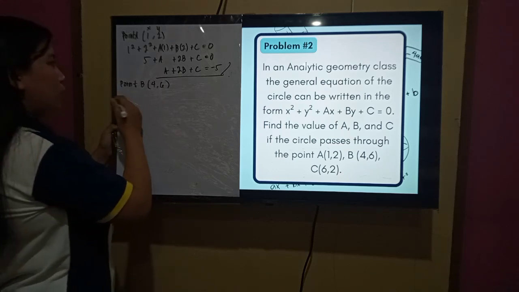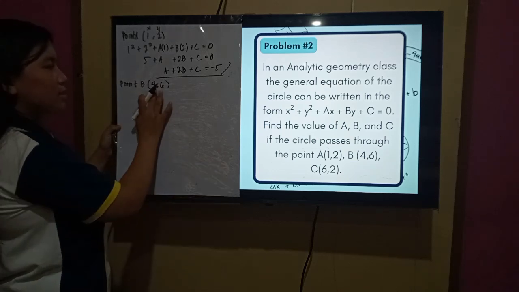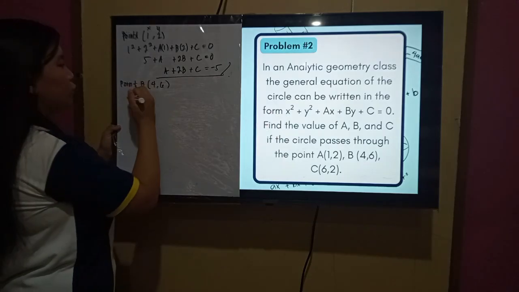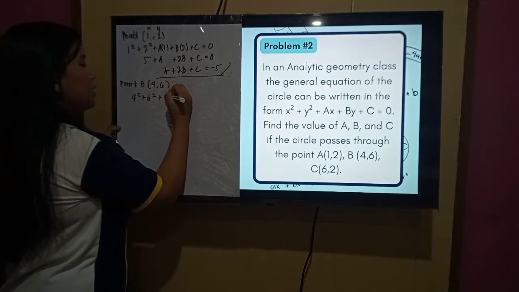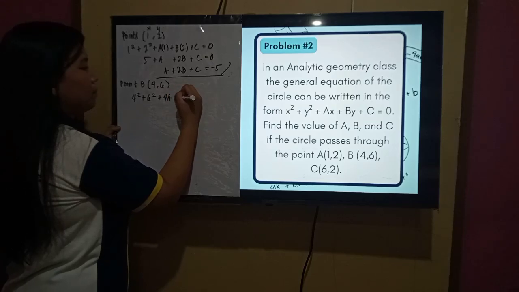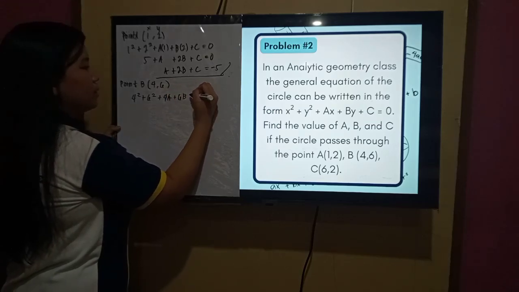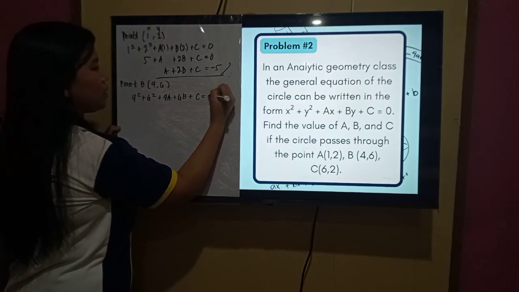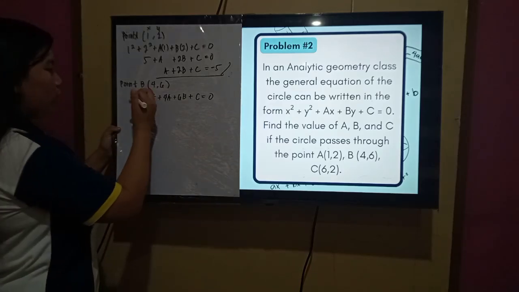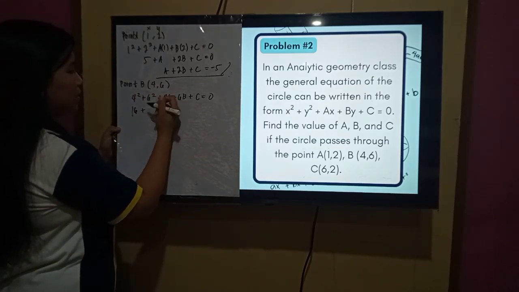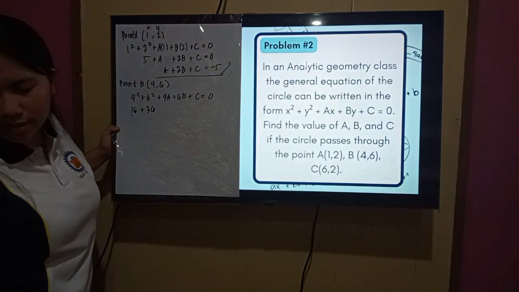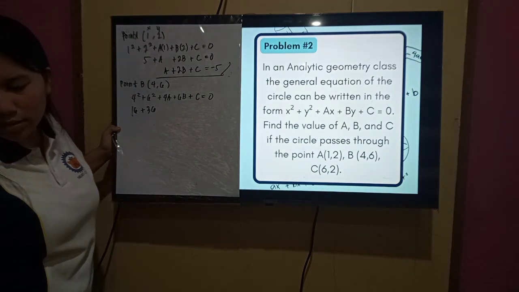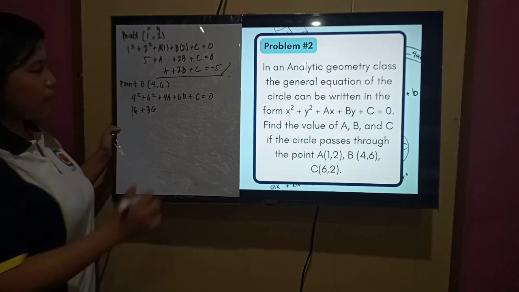So, substitute lang ulit natin yung value ni x and y sa ating general equation. So, 4 squared plus 6 squared plus 4a plus 6b plus c is equals to 0. So, 4 squared is 16 plus 36. That would be 52.